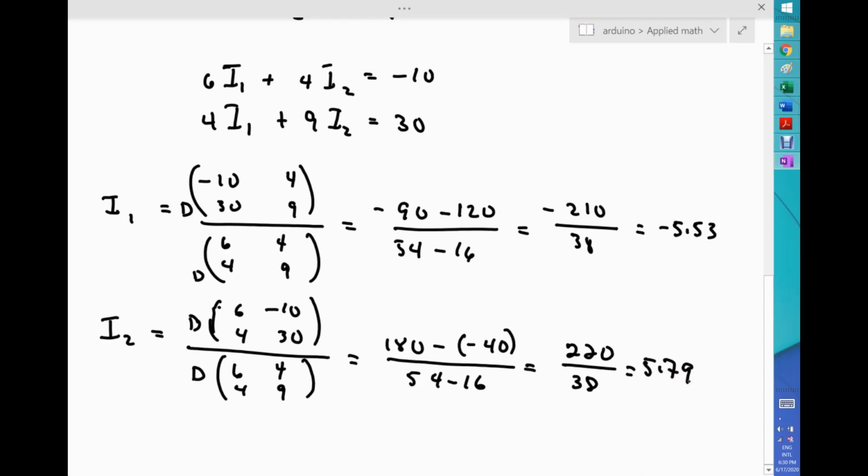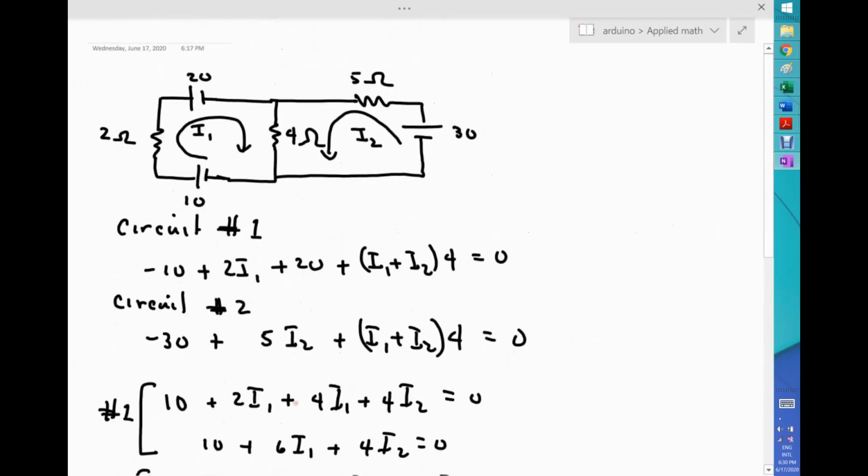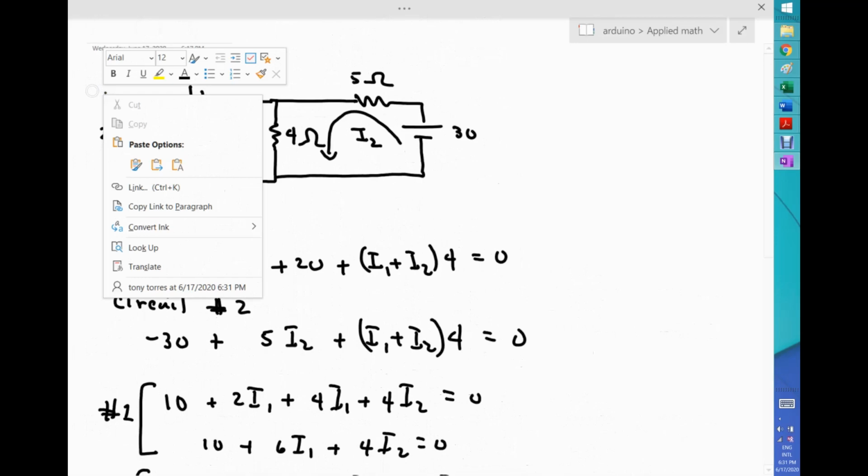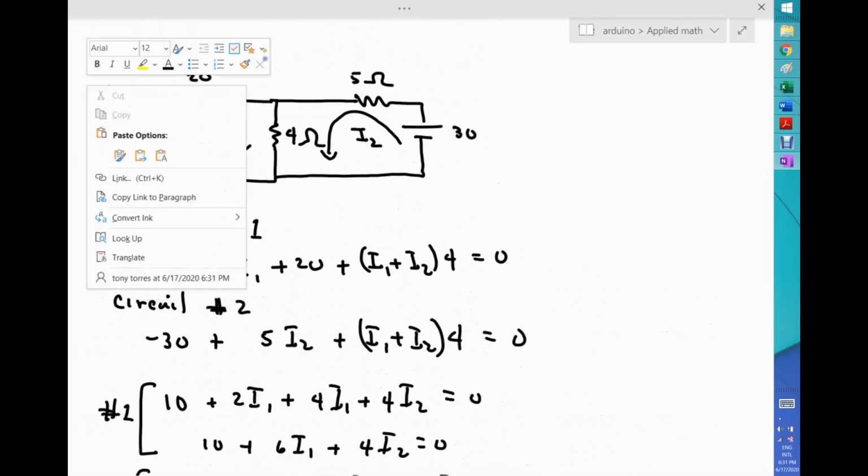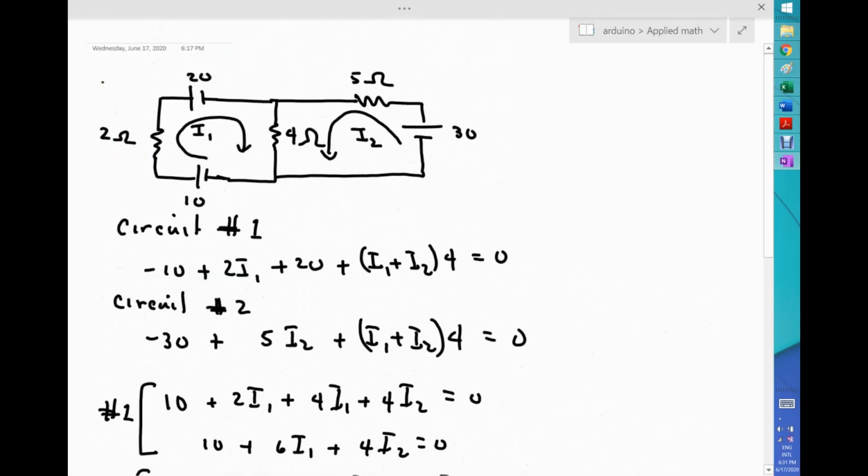Now the only thing you have to be careful about is that I1 is negative. What does that really mean? Let's copy this for a second. I'm copying that.